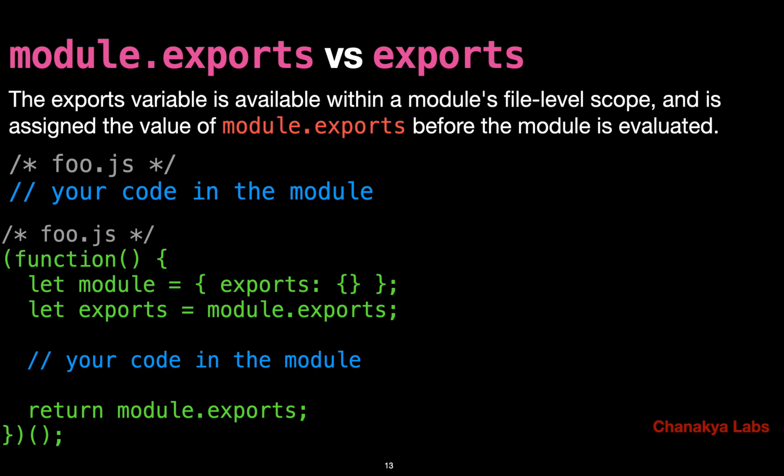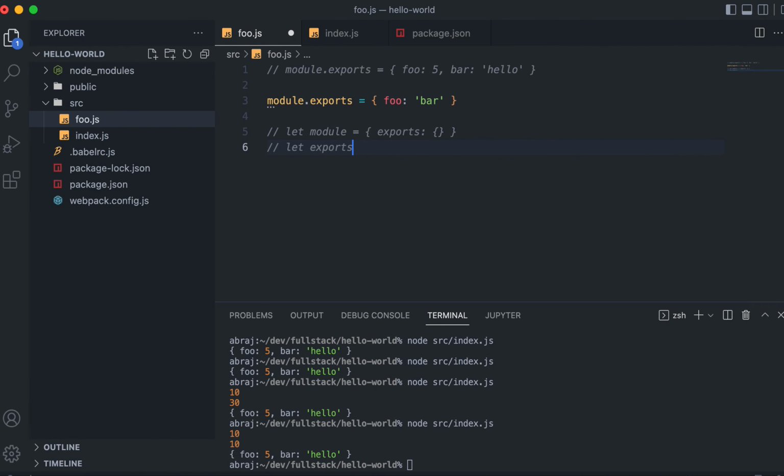So module is equal to an object with exports, and that exports is an object, right? And what we do is create a separate variable called exports, and that is assigned to module.exports in the beginning, but it is a separate variable.